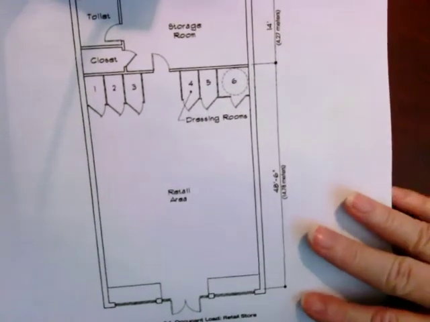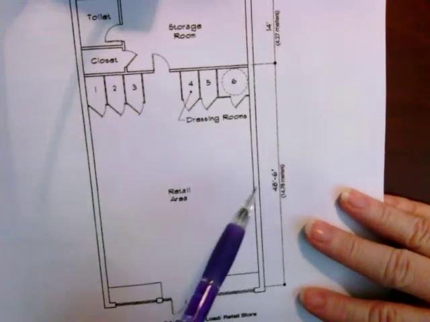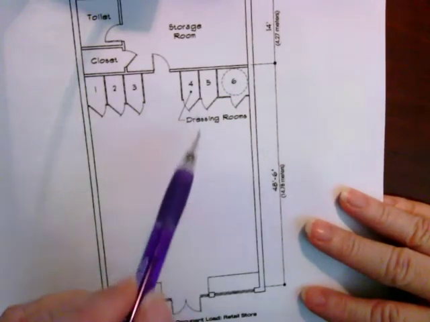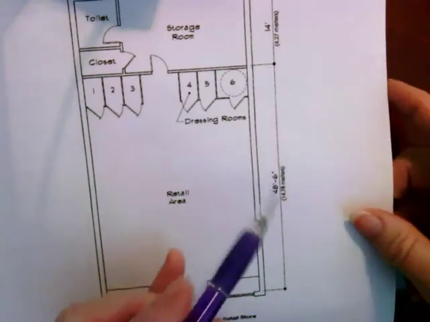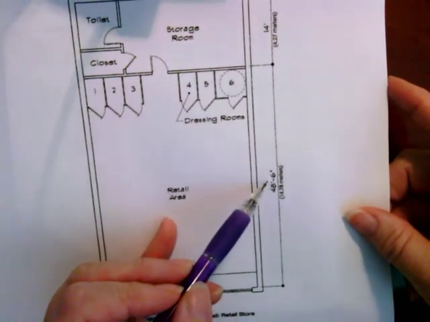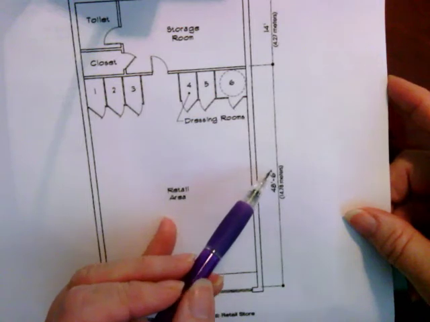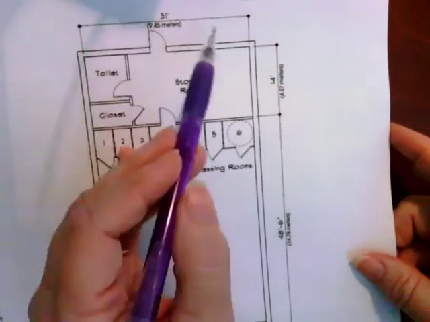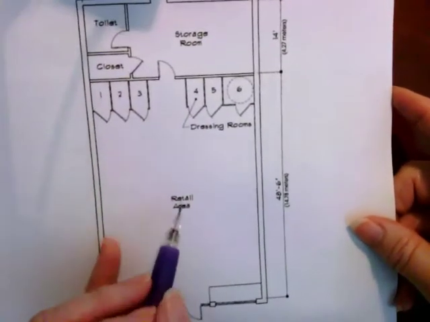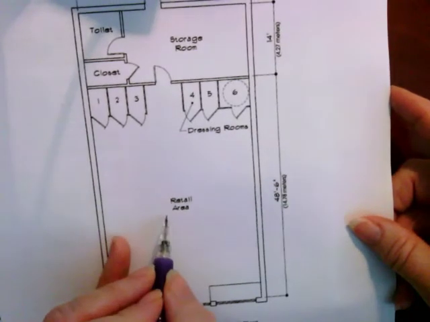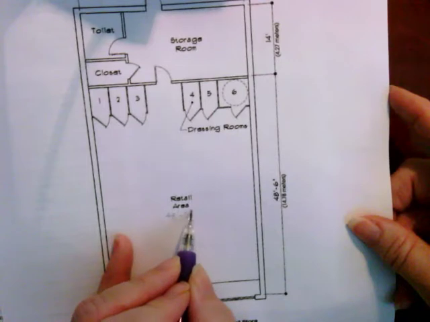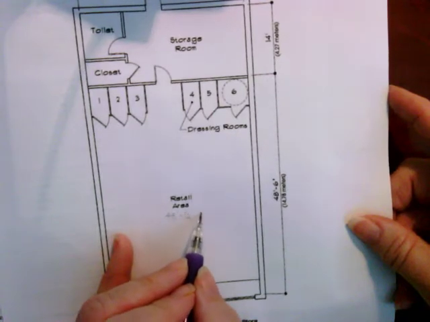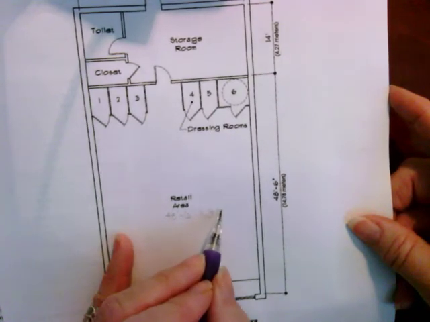You need to make sure you understand what the length and width are, because it's always worked on square footage. So we have 48 feet 6 inches by 31 feet, which will be your area.